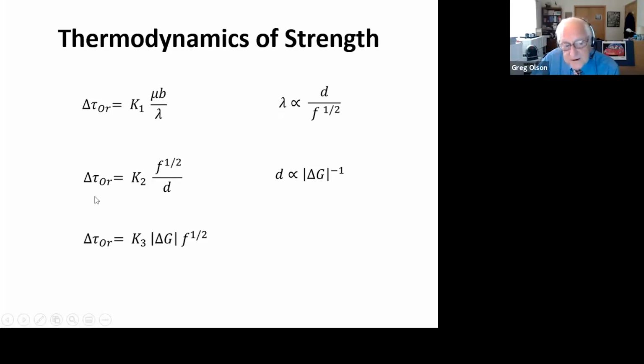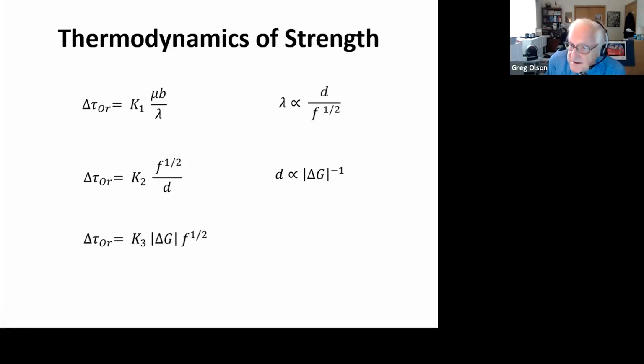And that means then the precipitation strengthening goes as F^(1/2) over particle size. And if we accept this scaling to the initial critical nucleus size that scales inversely to the driving force, then we can write that the precipitation strengthening will scale directly with that thermodynamic driving force times phase fraction to the 1/2.